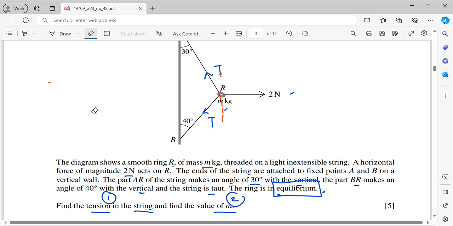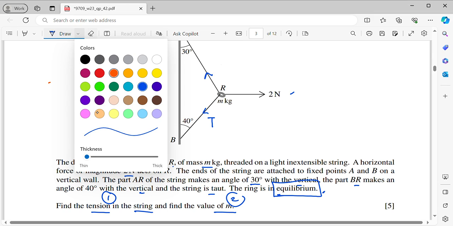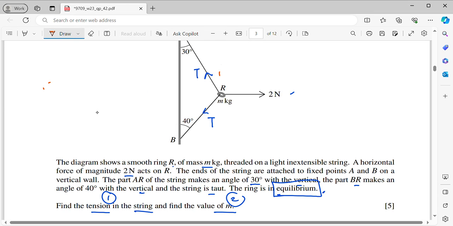Alright, so if I resolve vertically, or I resolve horizontally first, you have to consider these two.